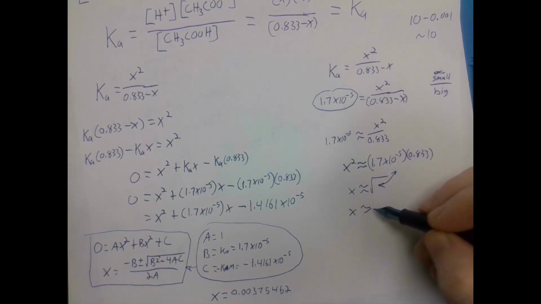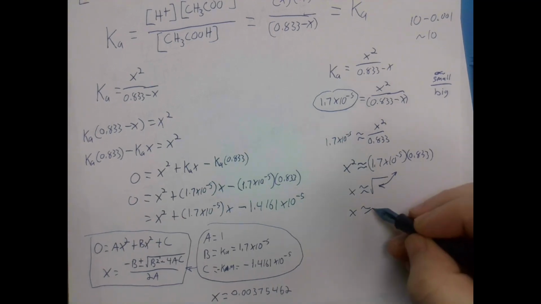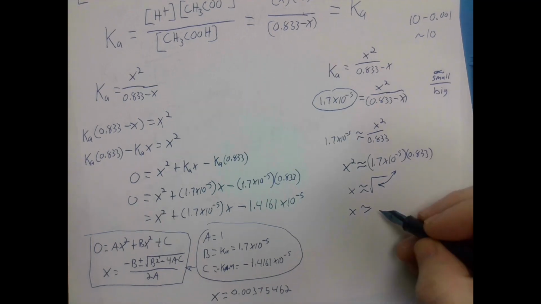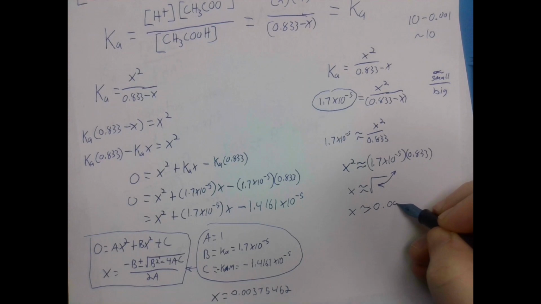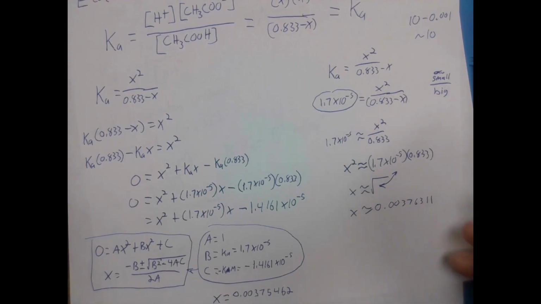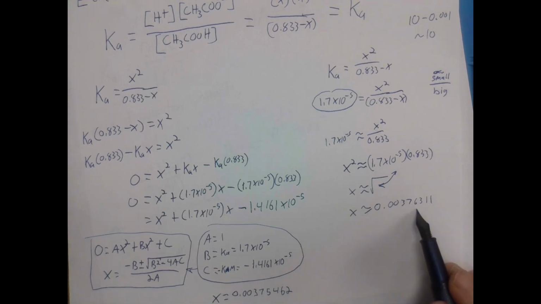So x is approximately equal to, I wonder how far off we get, 0.0037631. So where am I off? I'm off at the 5's place. 5 and 6.